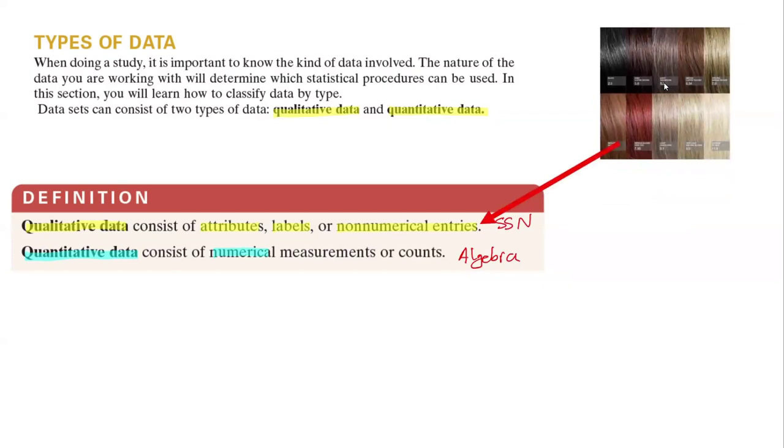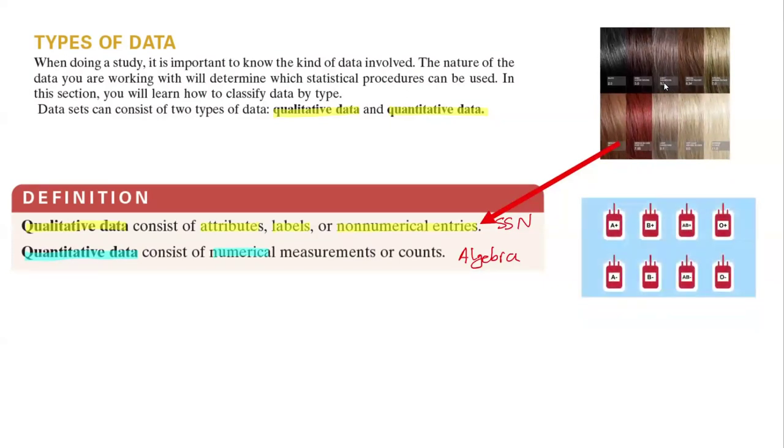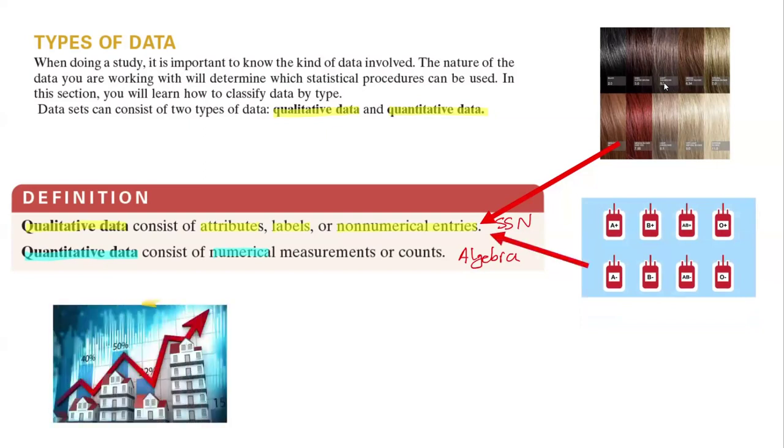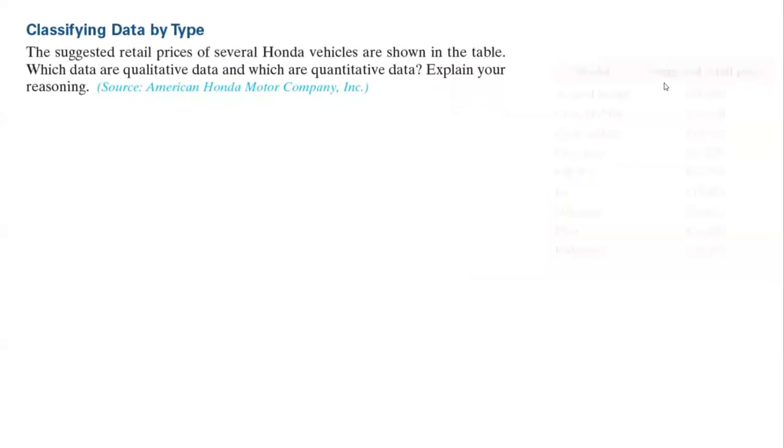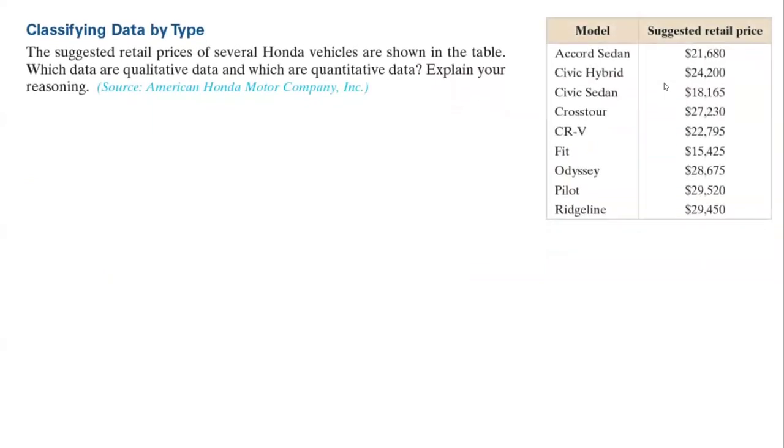Hair color is an example of qualitative data. Blood type is another example of qualitative data. Housing prices, salary are examples of quantitative or numerical data. In this example, we have suggested retail prices of several hundred vehicles.